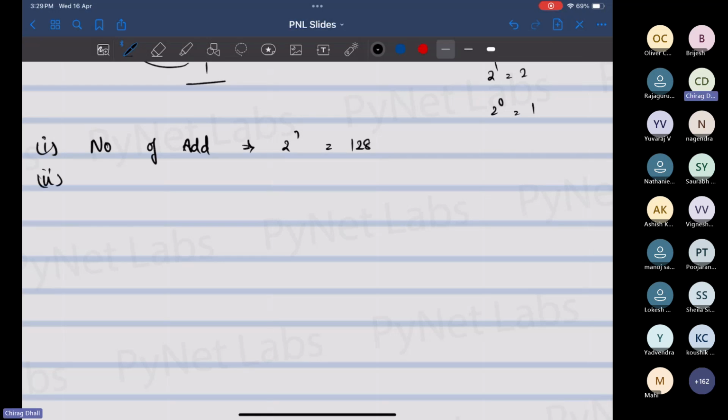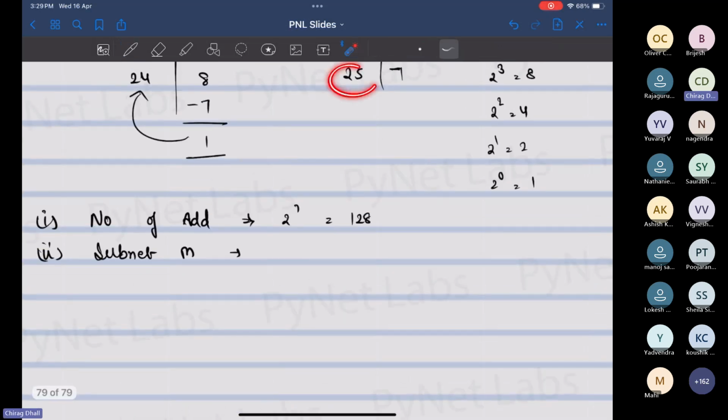Second thing I need to calculate is subnet mask. Let me know quickly what will be the subnet mask for 25 bits. Perfect. It's going to be 255.255.255. This is going to be the subnet mask for the first 24 bits.